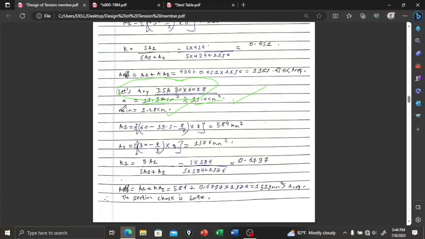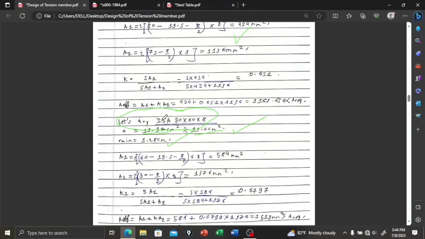So you can directly start in exam with this section to reduce the number of trials.